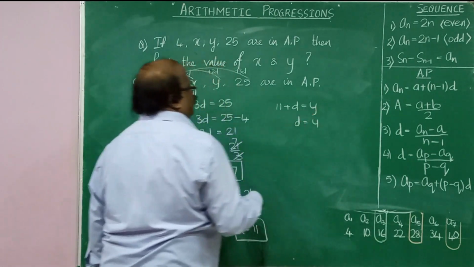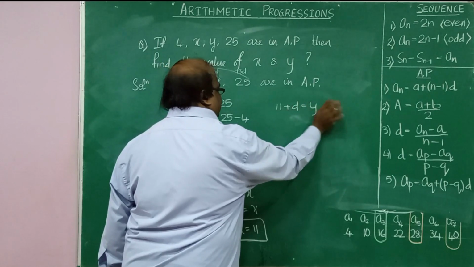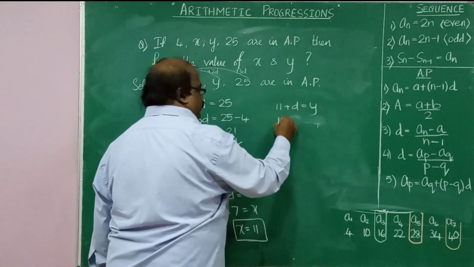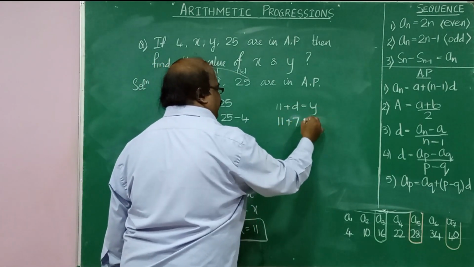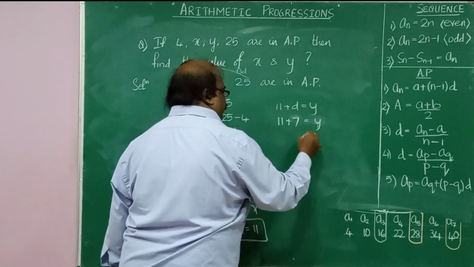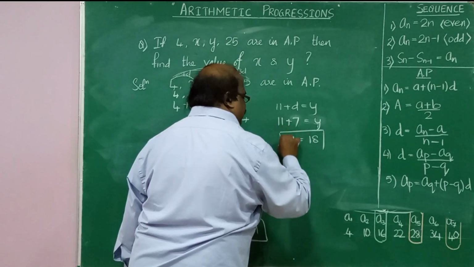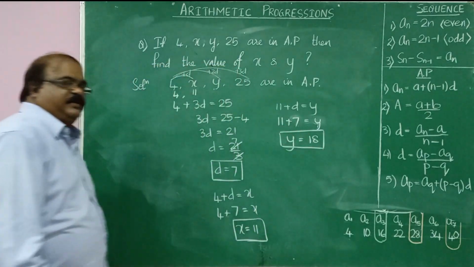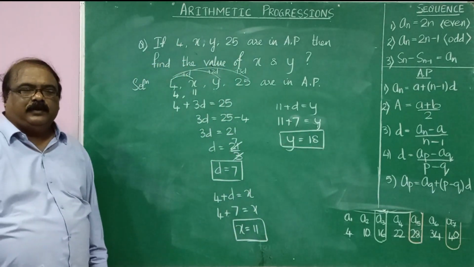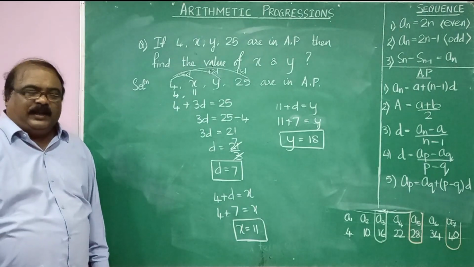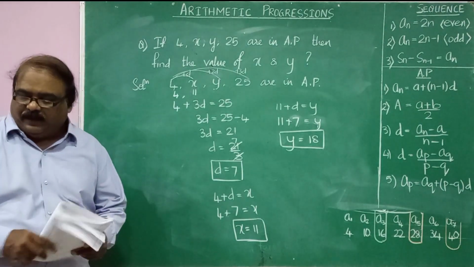So what is d? As you know, 7. So y is equal to 11 plus 7, that is 18. Is that clear? Let me take another sum of the same type.